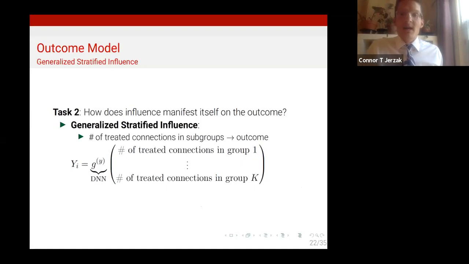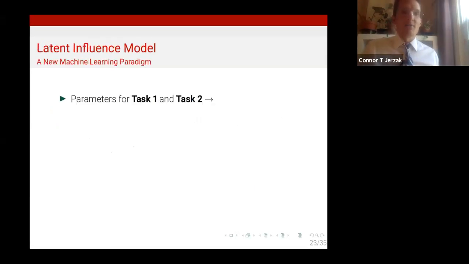Good questions. So now we have this model for the influence dynamics, and we have this model for the outcome. Now let's ask ourselves, how do we learn what the parameters should be for this model? The approach we'll take here is MLE.